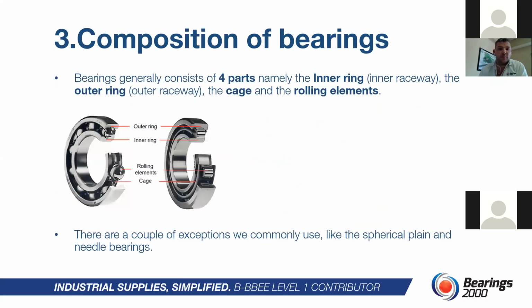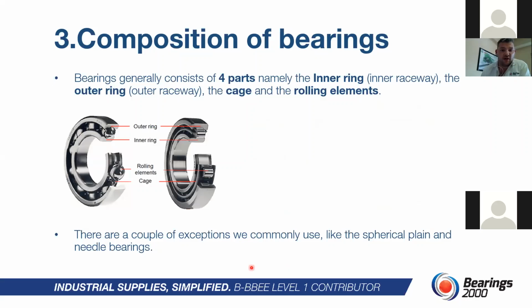Having a quick look at the composition of bearings. Bearings generally consist of four parts, namely the inner ring, the outer ring, the cage, and the rolling elements. The cage is there to keep the rolling elements in place.